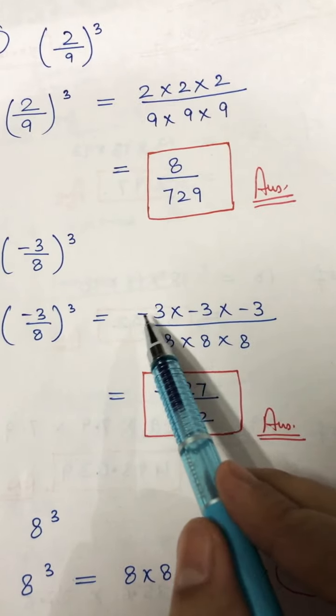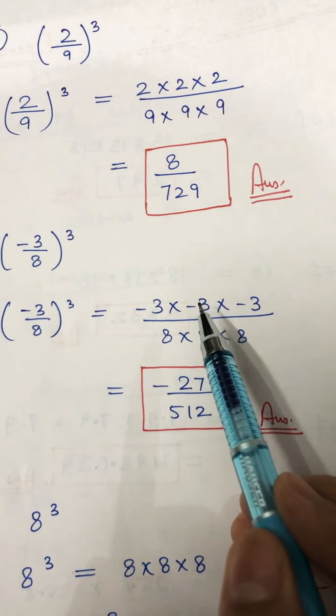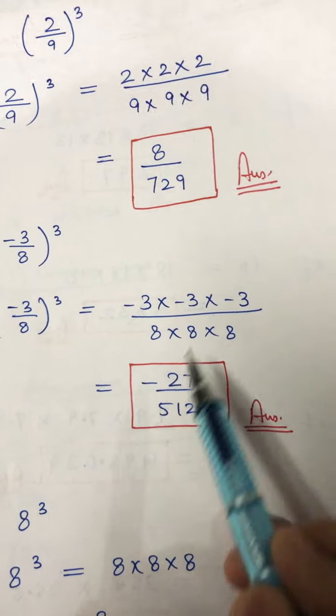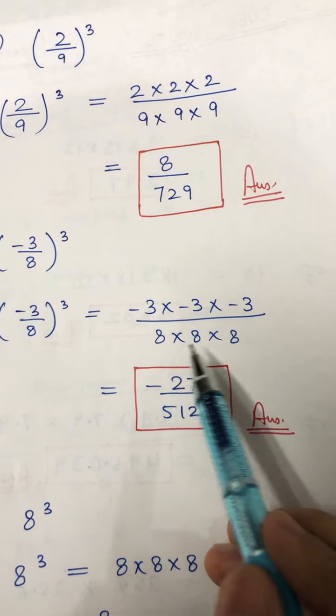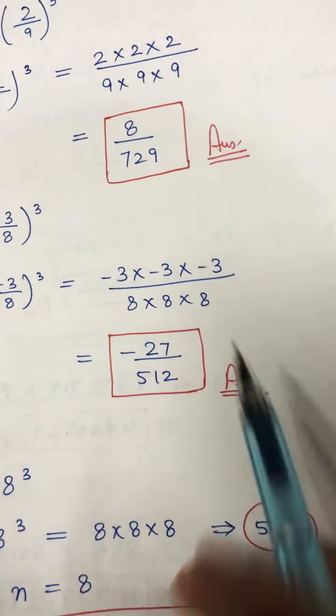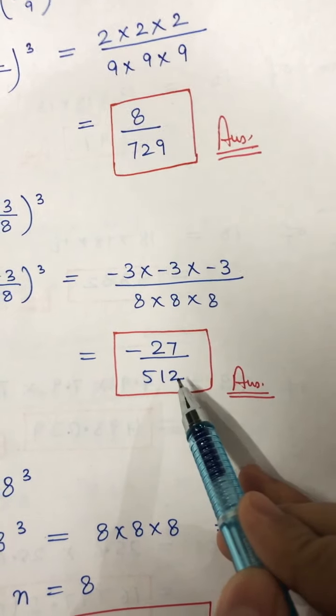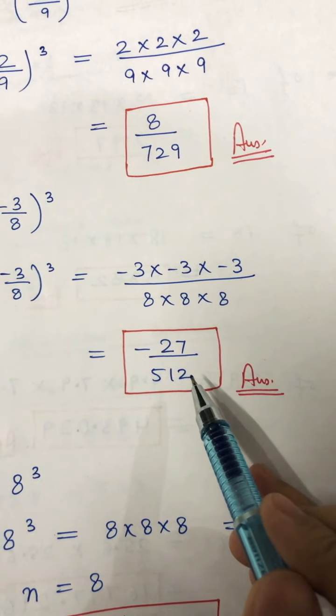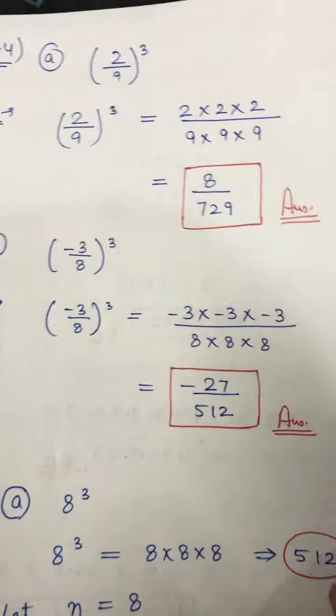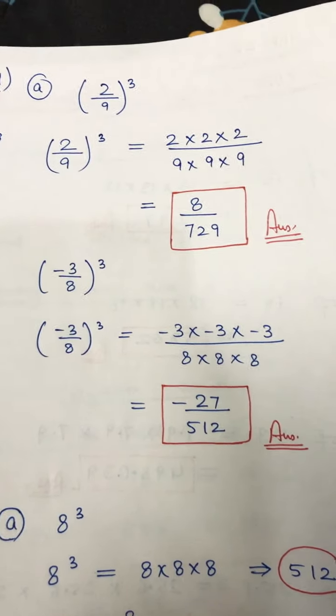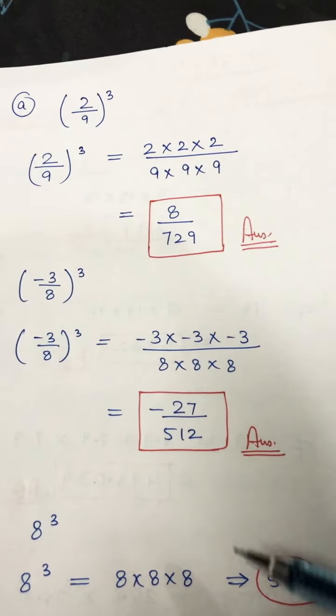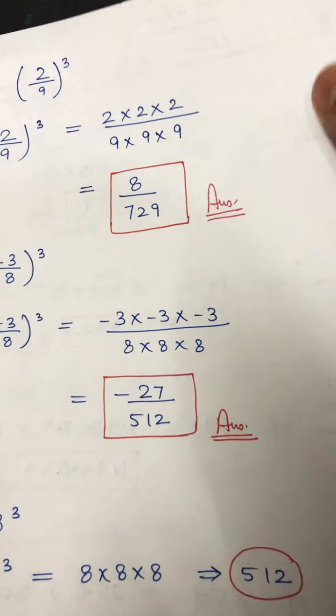And 8 eights are 64, 64 eights are 512. So this is the answer of question number 4. You have to do the questions in this way, proper step by step.